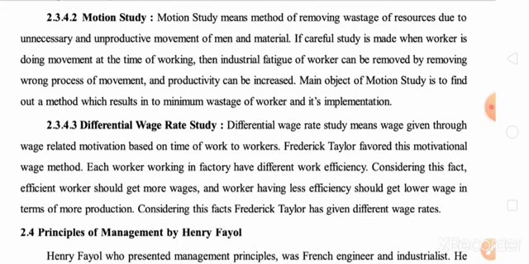But unnecessary and unproductive movement will be time consuming, it will increase the cost of production and will decrease the productivity of labor. So here motion study means the method of removing wastage of resources. Here resources means either time or labor or money, wasted due to unnecessary and unproductive movement of man and material.